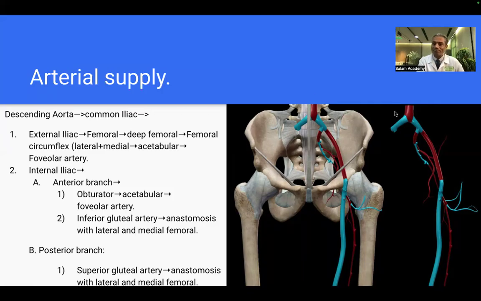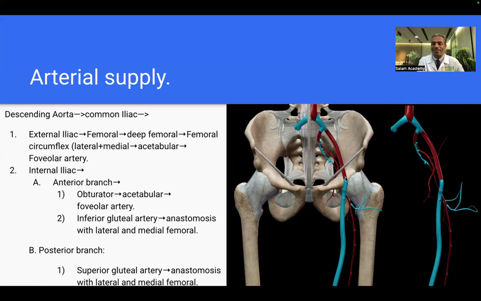Here is the descending aorta, the abdominal aorta, and it bifurcates to the right iliac artery and the left iliac artery here, and then each bifurcates to the external iliac artery and the internal iliac artery.